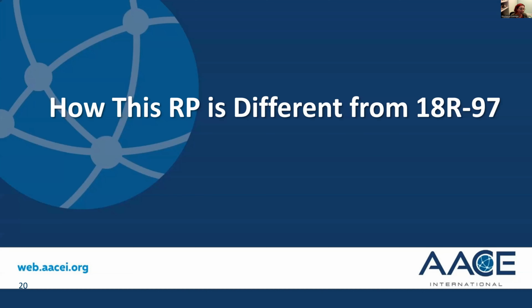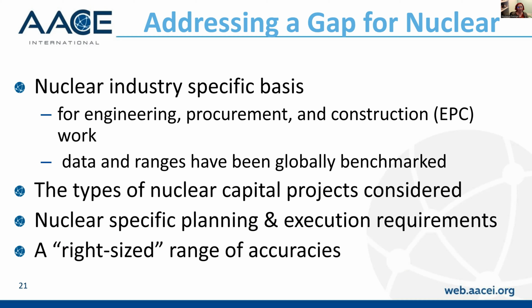So, how is this RP different from 185R-97? It's really addressing the gap for nuclear. It talks about some very specific industry basis for engineering, procurement, and construction work, such as the required licensing and regulatory requirements.